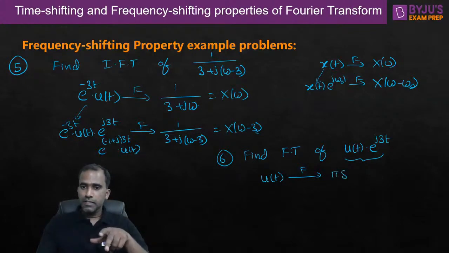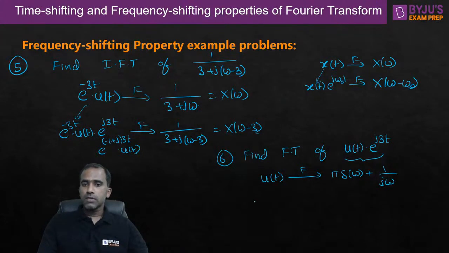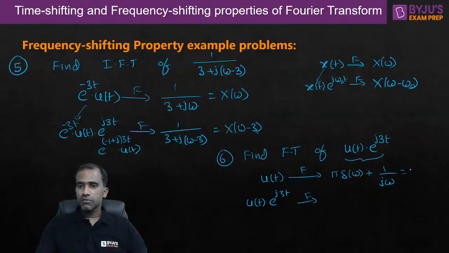The Fourier transform of u of t is pi into del of omega plus 1 by j omega. Now they're asking us to find the Fourier transform of u of t into e power j3t. Look at this one. U of t is like x of t here. In place of omega naught, we are having 3 here. So if this is x of omega, what we are going to have here is x of omega minus 3.